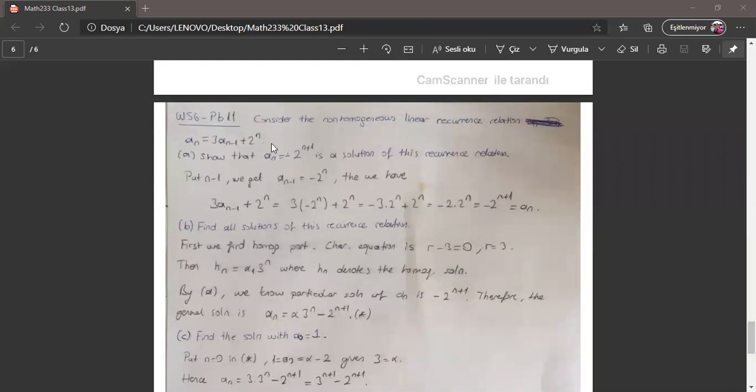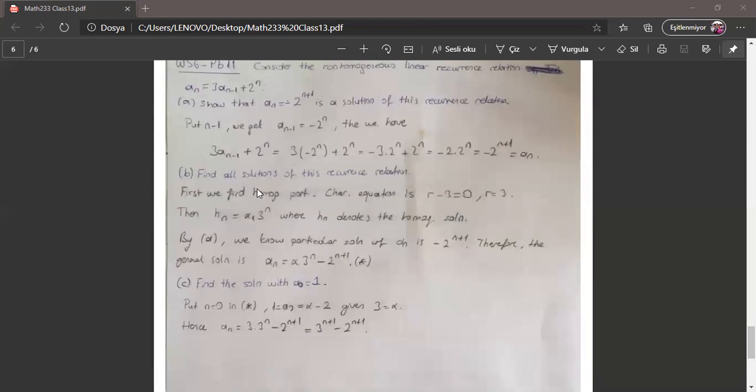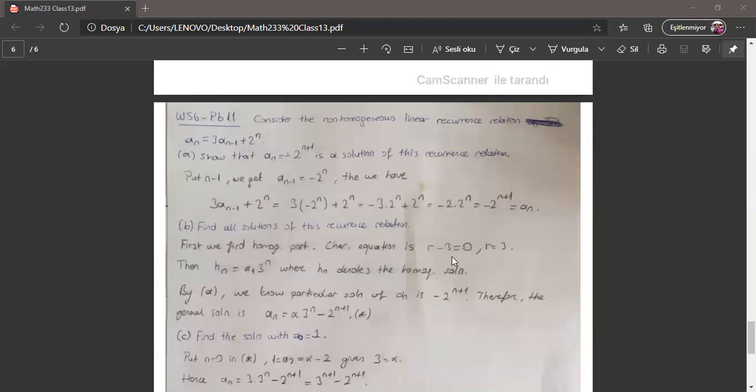And it is the non-homogeneous part of the recurrence relation. Remark that also. Now we will find the homogeneous part. So we write the characteristic equation of this, and then we have, as r equals 3, we have this.